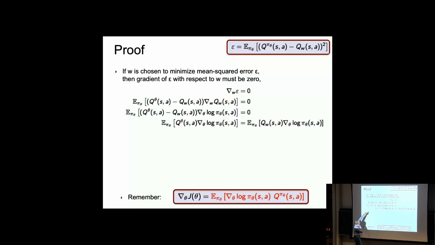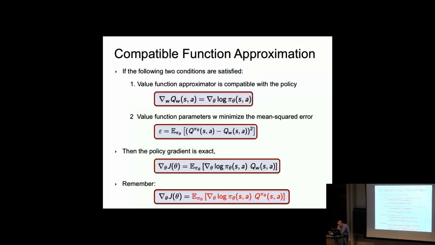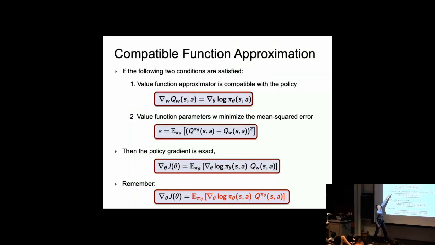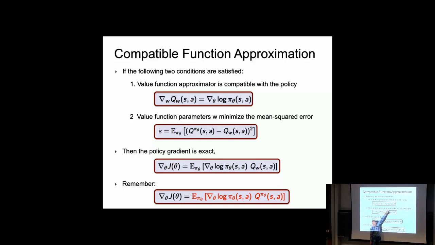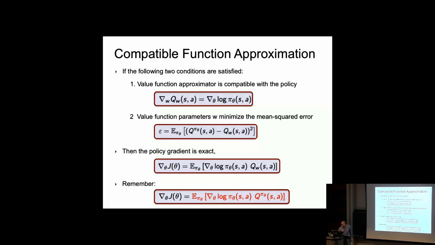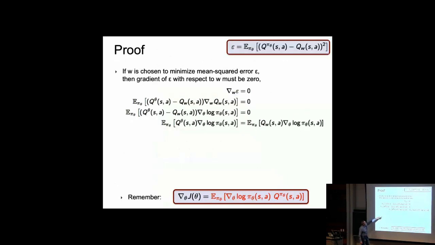Okay, so now that I have that, from the other condition, I can substitute this quantity for the gradient of QW. Why? Because remember, our first assumption was that the gradient of QW equals the gradient of the log policy. So under that assumption, I can just substitute this quantity for the gradient of QW.